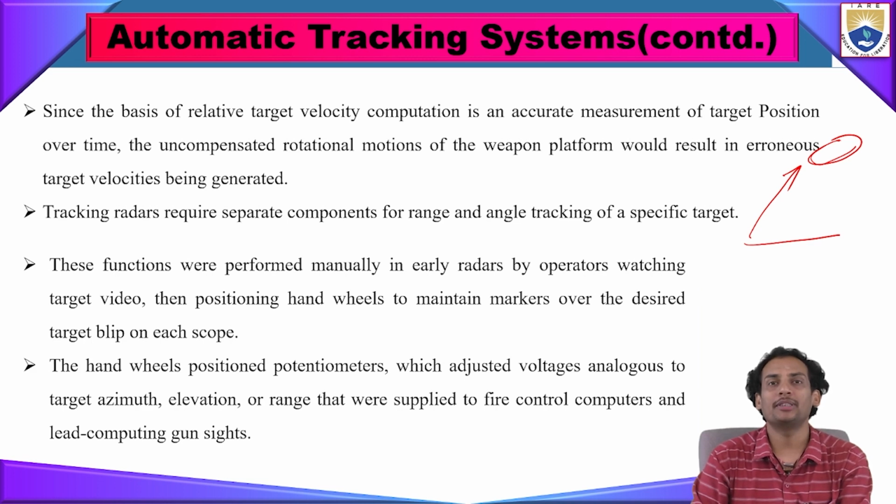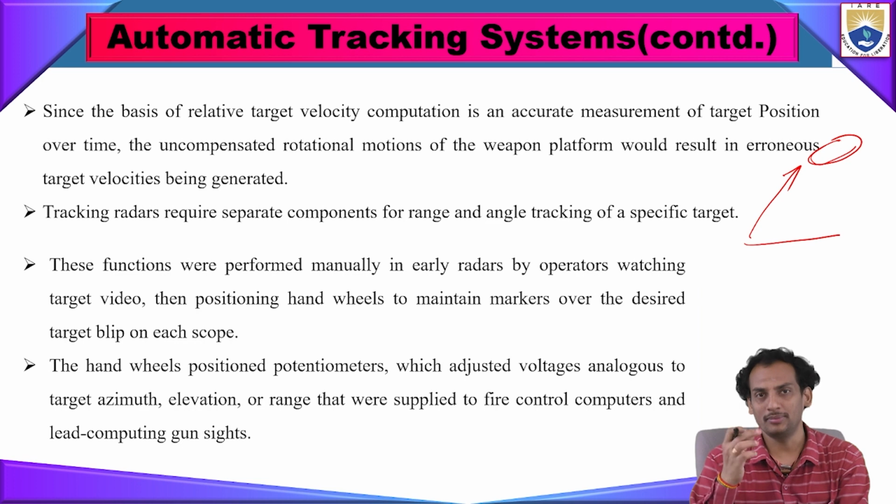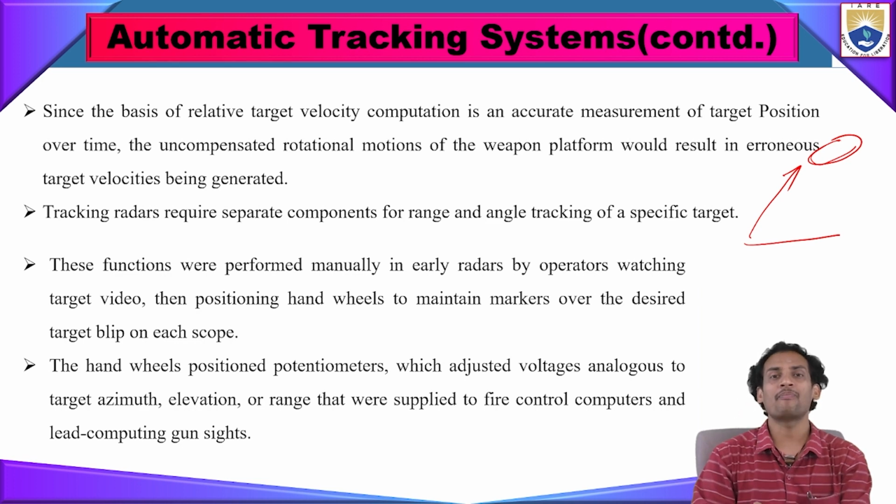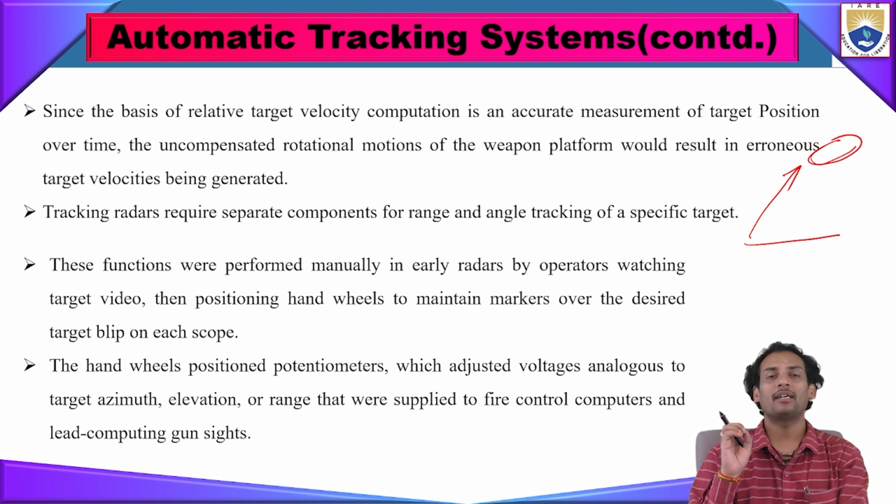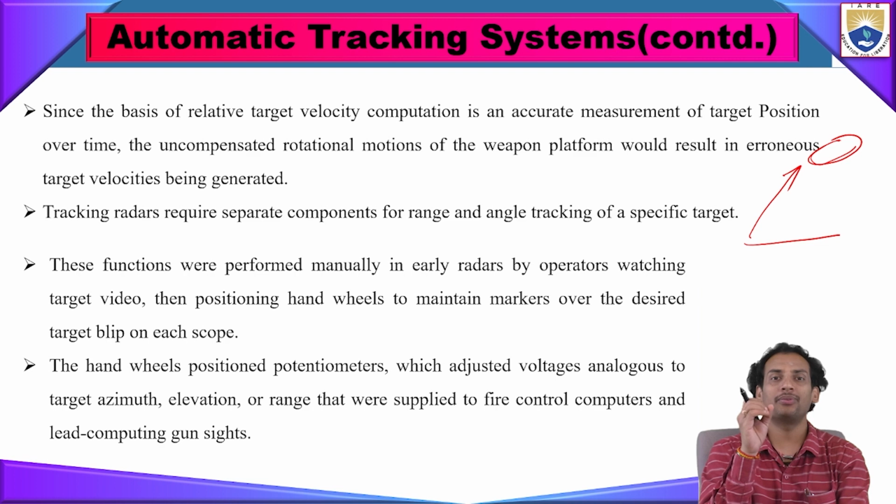The hand wheels were positioned in such a way that the potentiometers adjusted voltages analogous to target azimuth, elevation and range, and that was supplied to fire control computers and lead computing gun sights. While we are achieving the target, the tracking of the enormous movement of the target is also being done.